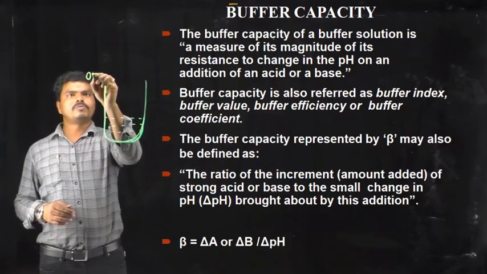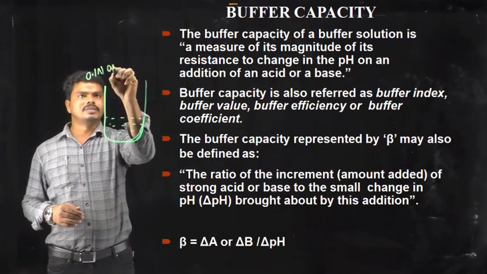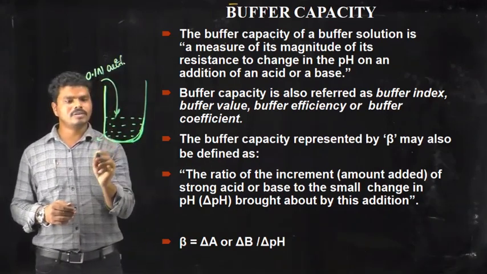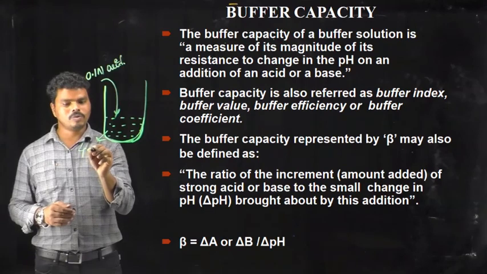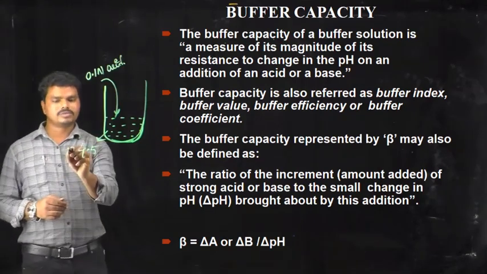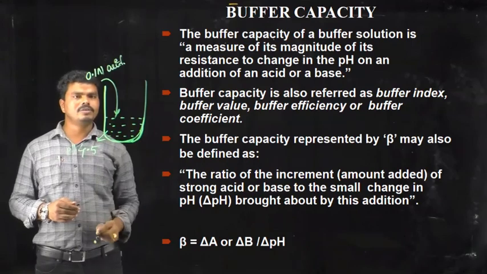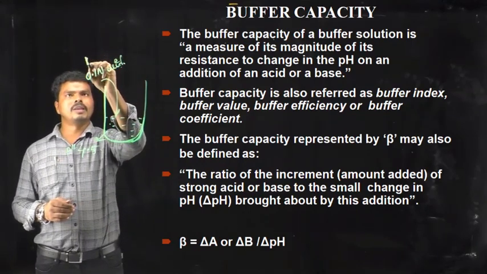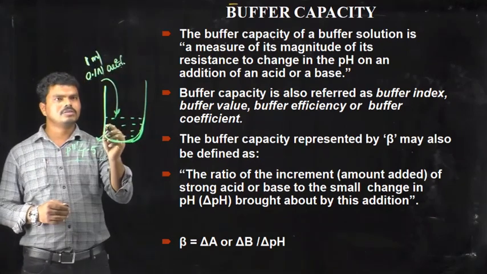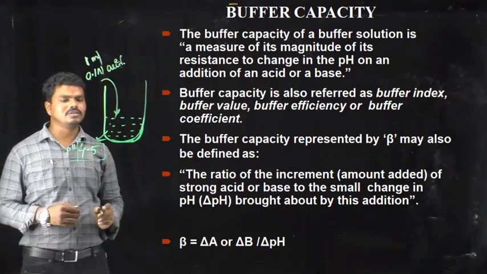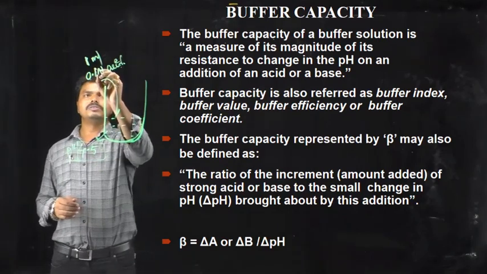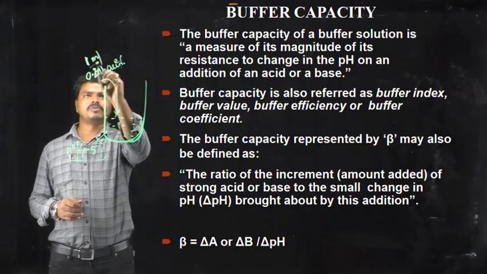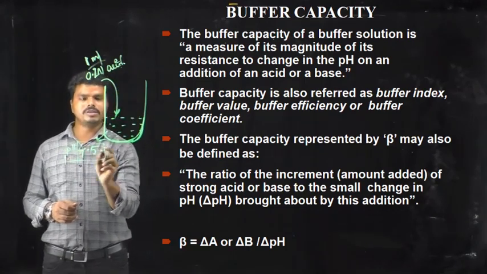When you add 0.1 normal acid, about 1 ml, to this solution, the pH of the buffer solution doesn't change. When you add 0.2 normal acid, about 1 ml, there is also no change in the pH of this buffer solution.